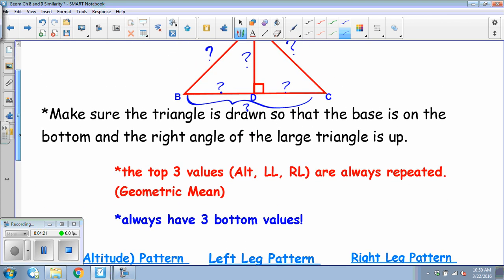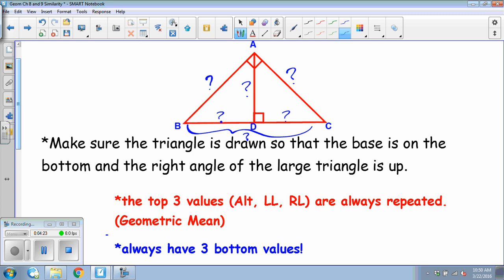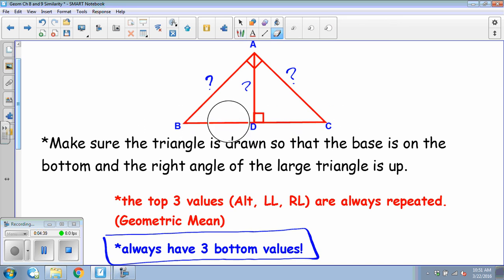Before you start these problems, you need to always have the 3 bottom values assigned. You may not know what they are, but you need to have an assigned value for them. For example, if they tell you that this is 4 and this is x, what's the whole side? 4 plus x.